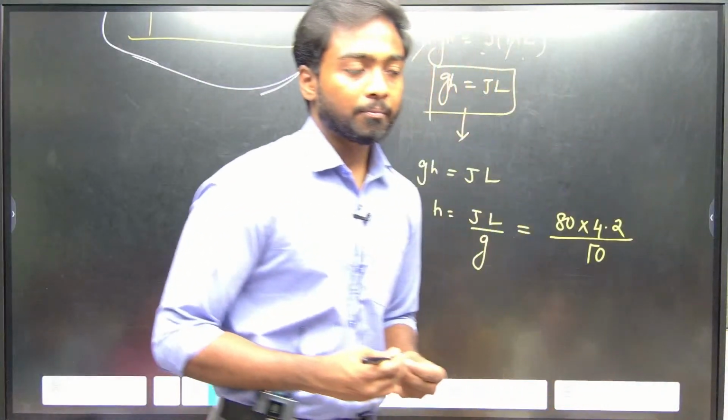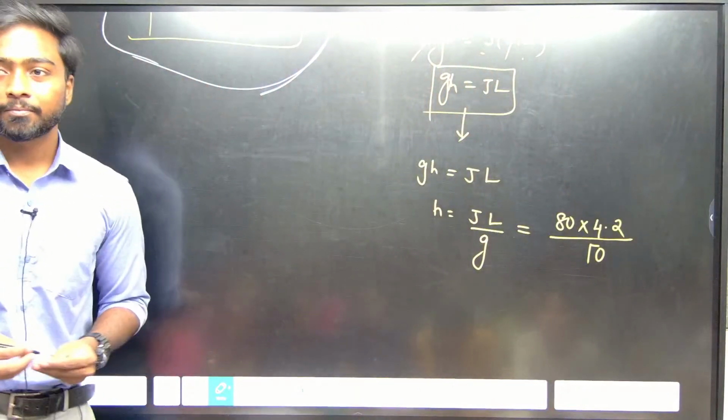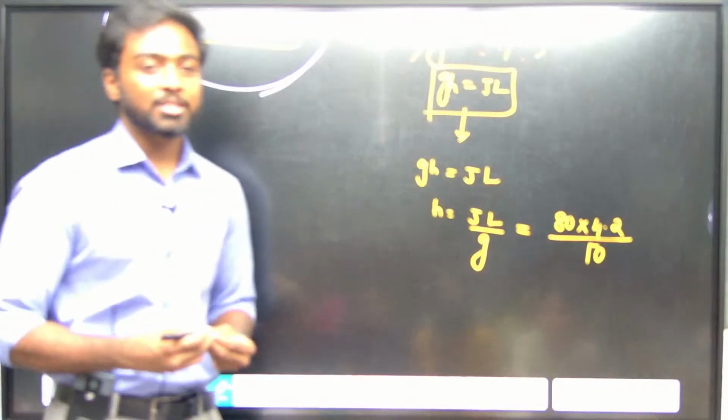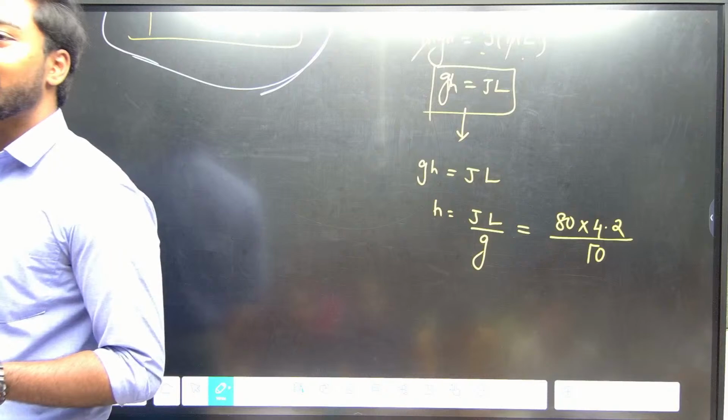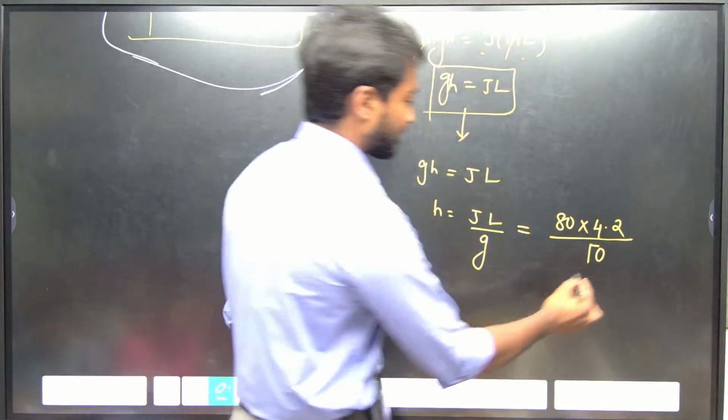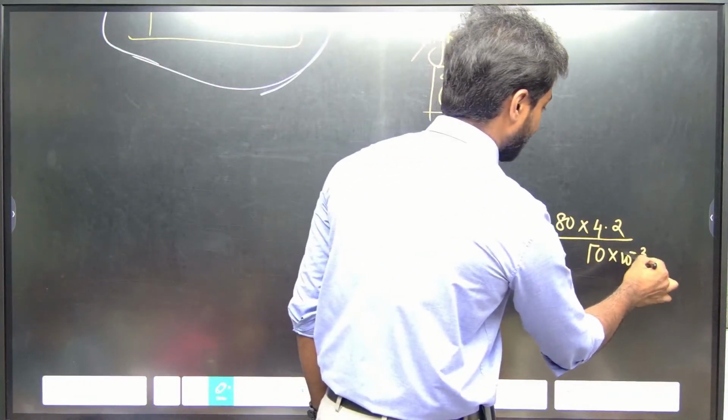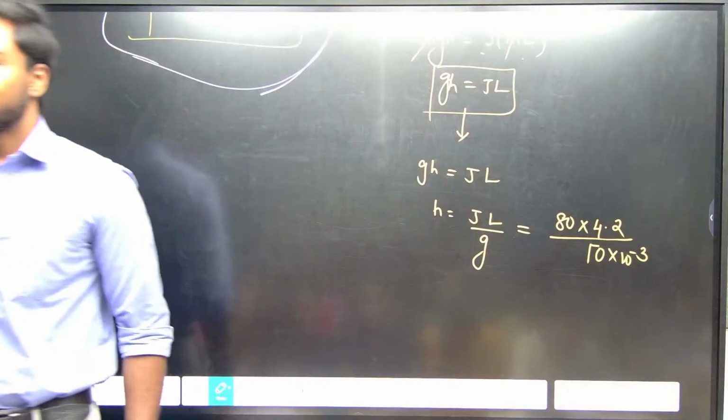Then convert that into kg: per gram, in the sense of kg. 1 gram equals how many kg? 10 power minus 3. Find it.